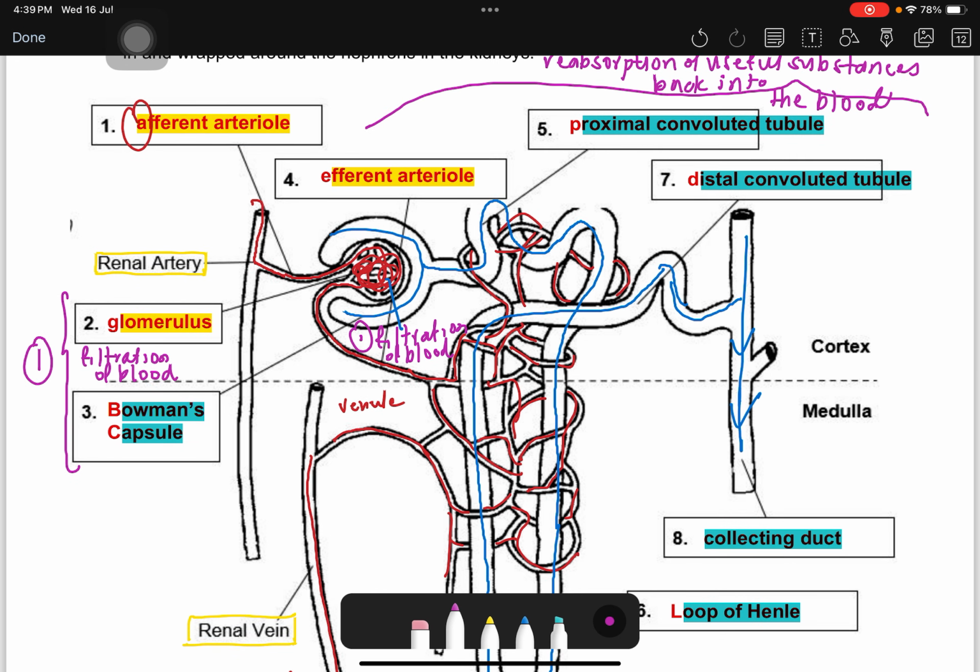And then eventually, urine collection will happen at the end of the nephron.